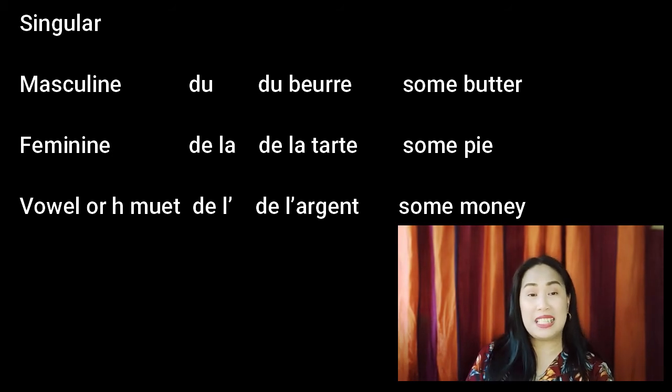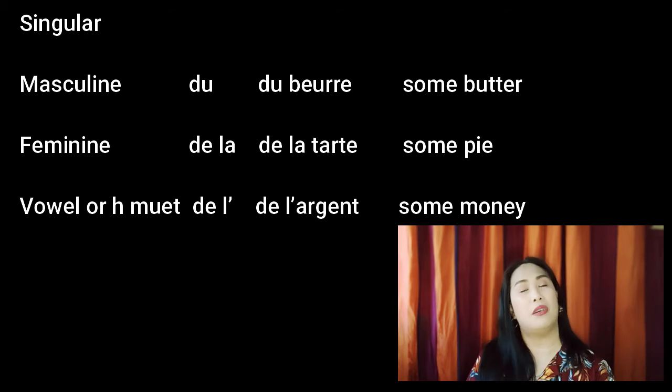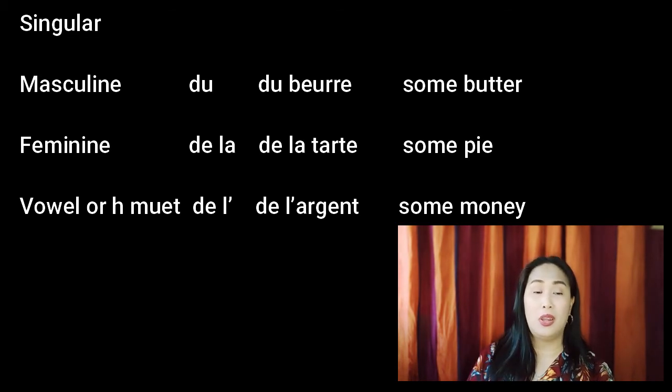So for the masculine, we have du beurre, which is some butter. Feminine, de la tarte, which means some pie. Vowel or silent H, for example, de l'argent, some money.